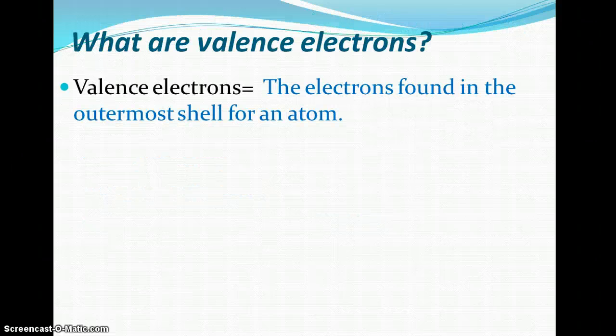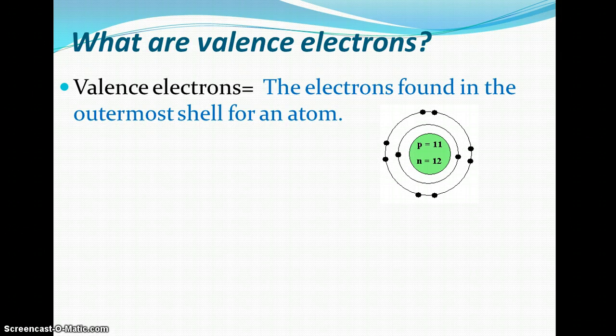So valence electrons are what we talked about yesterday with Bohr models. They are the electrons found in the outermost shell of an atom. The outermost shell is the outside shell of a Bohr model. As you can see here, this atom has 8 valence electrons because that's the number of electrons that are in its outside shell here.